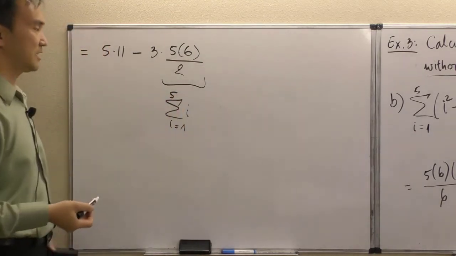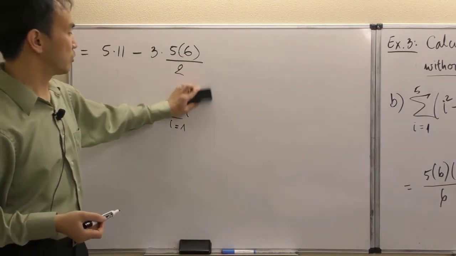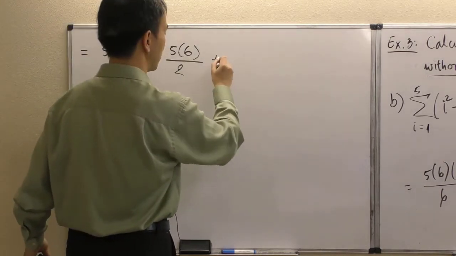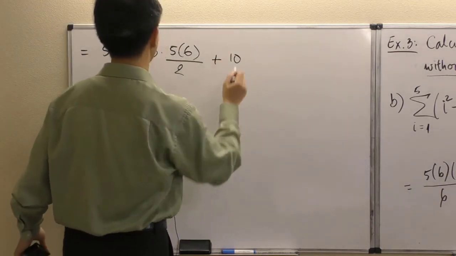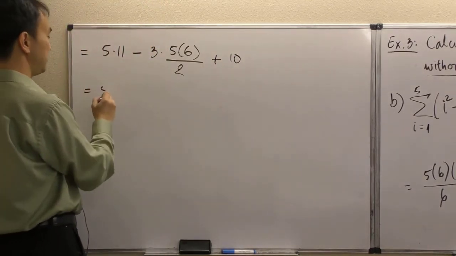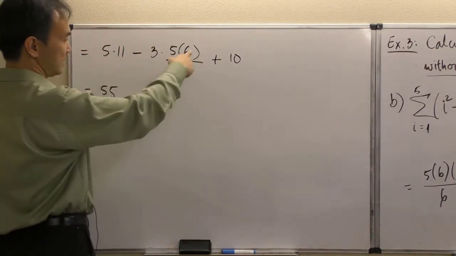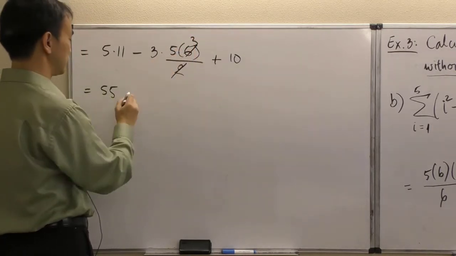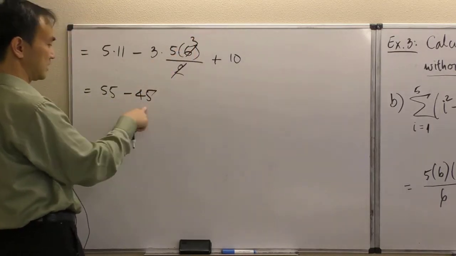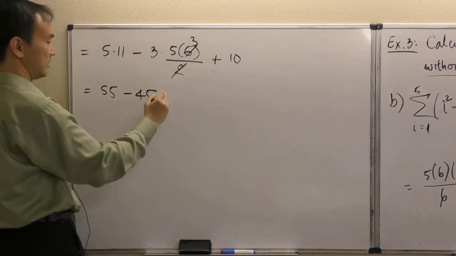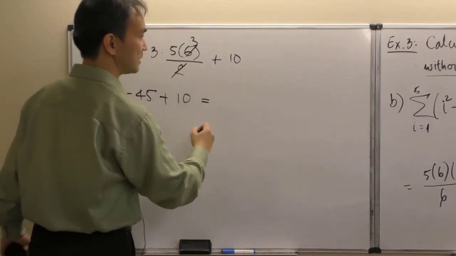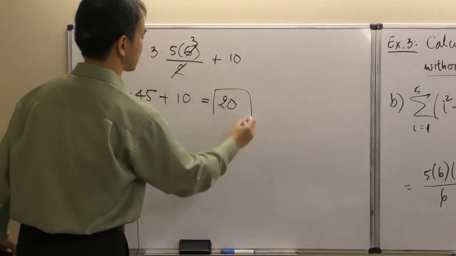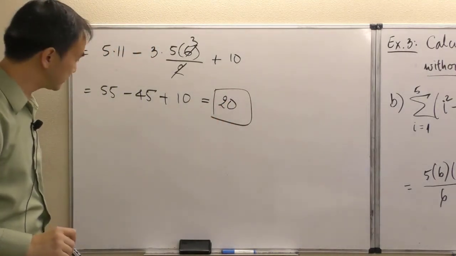Just a quick explanation of what's going on so far, and then we're going to add 10. So it's 55 for the first one, and then that cancels, giving me a 3, so 3 times 15 is 45, giving 10, and plus 10, our final answer is 20.